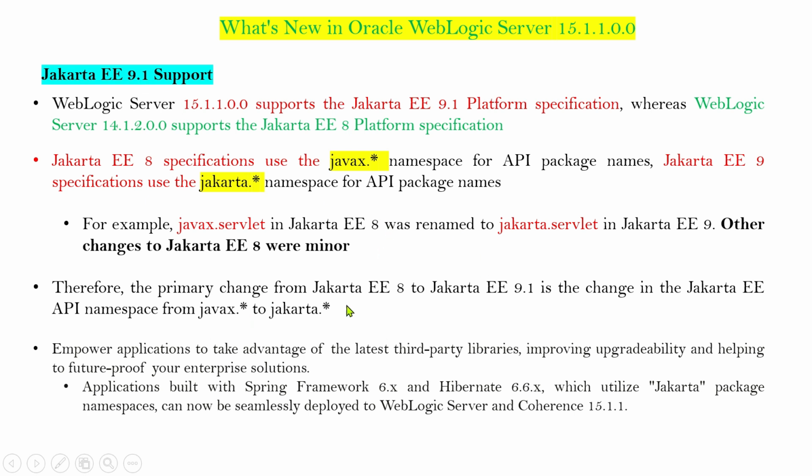So you can use the latest third-party libraries developed specifically for Enterprise Edition 9.1. This is one of the major changes in WebLogic 15.1.1 due to Jakarta Enterprise Edition 9.1 support, where you need to replace javax in your code with jakarta.